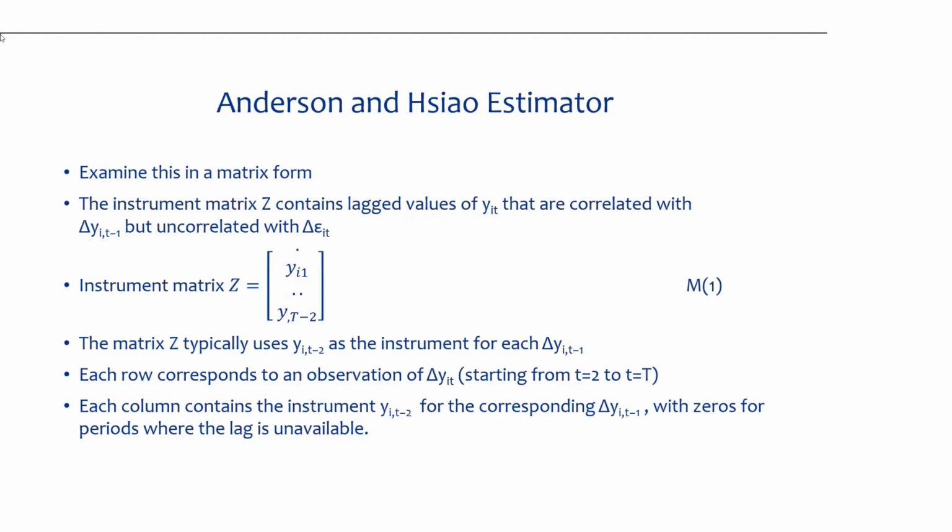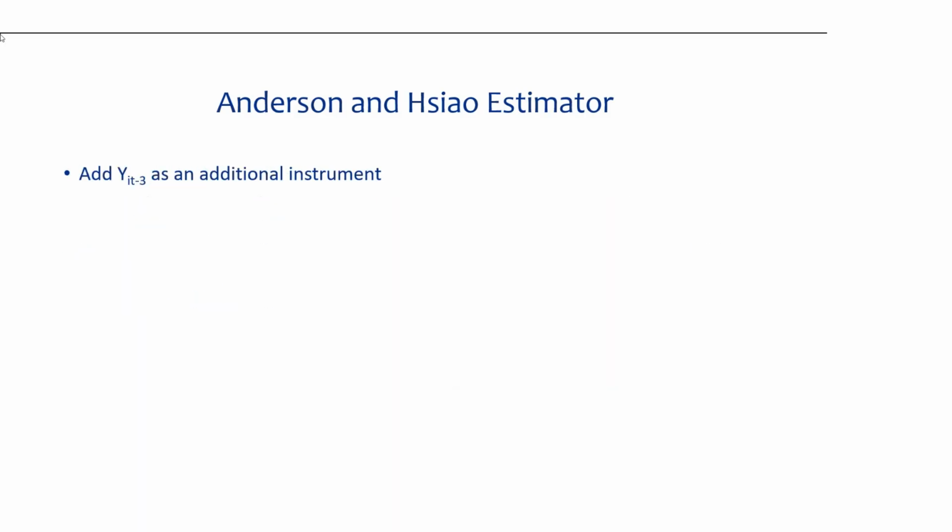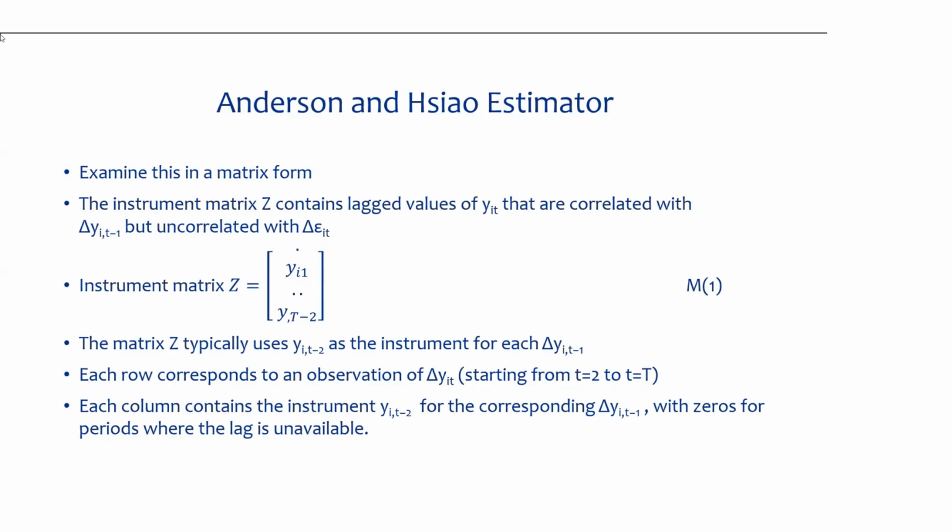One suggestion is create one like this. And what is yi1? yi1 is nothing but yi t minus 1 or delta yi t minus 2. This helps to overcome the endogeneity issues because yi t minus 2 is not related to epsilon it. Right? So you overcome the endogeneity issues.